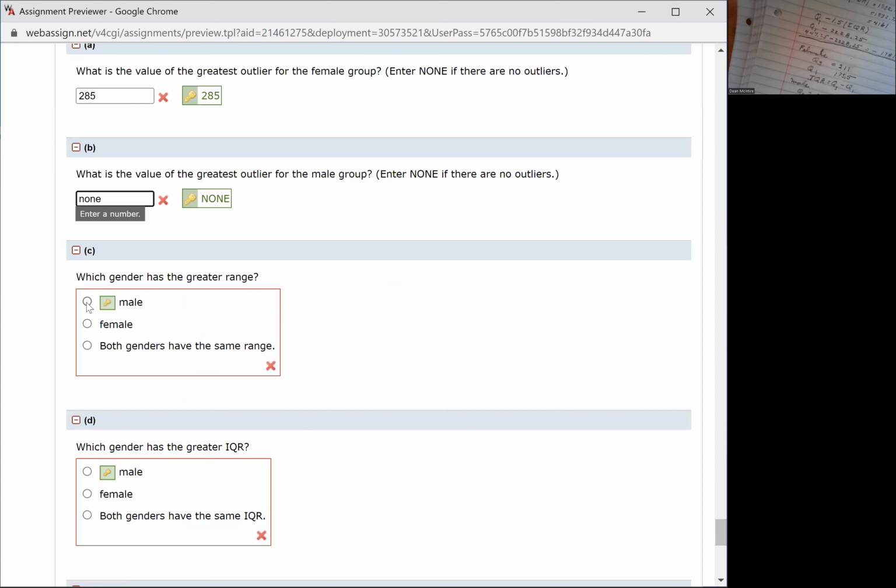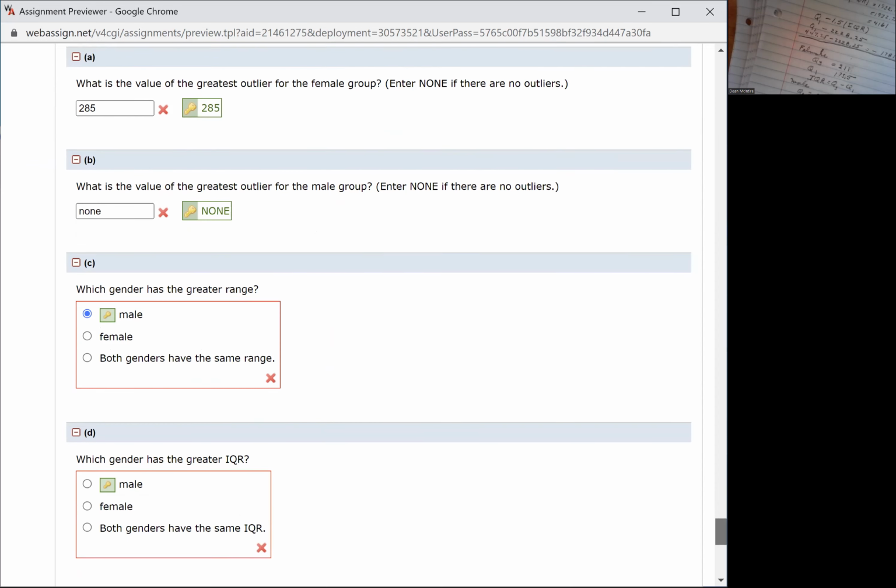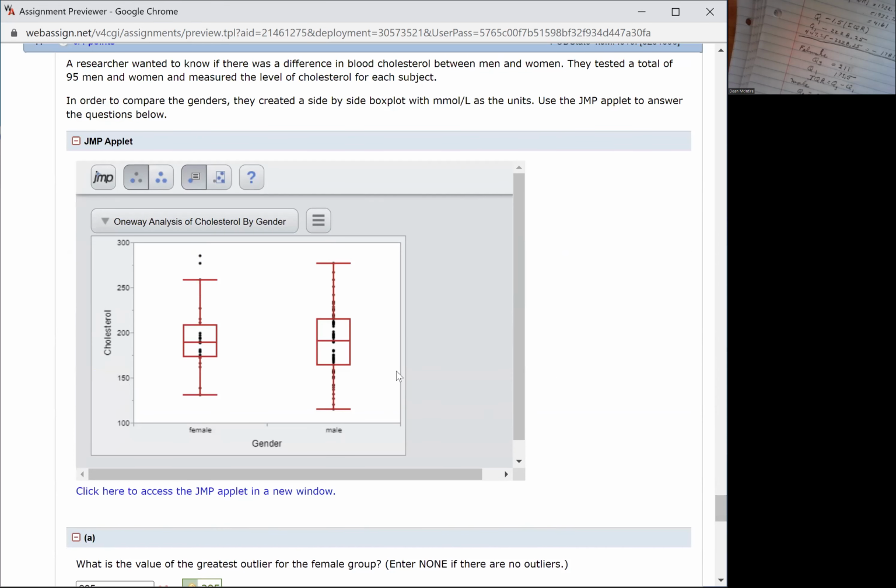Okay. Now, which gender has a greater IQR, or the interquartile range? Well, we've got to look at Q3 and Q1 for each one of them, write them down and subtract, and then we'll see which one is greater. Okay, so it's not bad. Let's go to the female first.